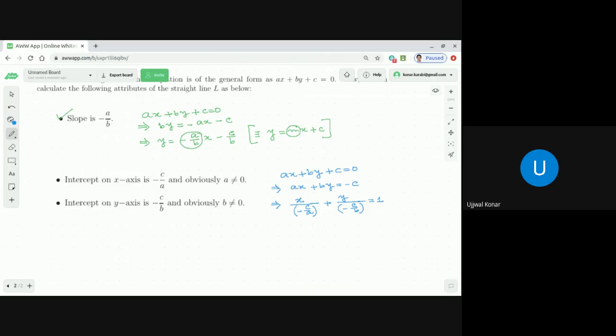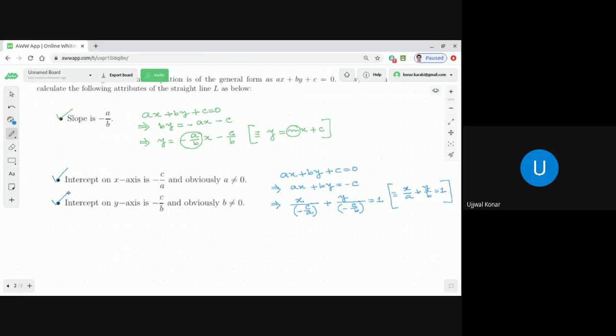Now if you make an analogy with the form x by a plus y by b is equal to 1, isn't it? The x-intercept is minus c by a, correct? And that is why we mentioned that the x-intercept is minus c by a, and the y-intercept is minus c by b, as we get it from there.